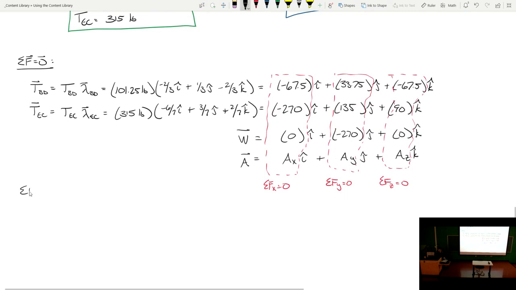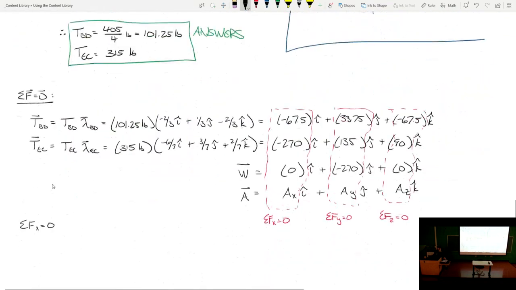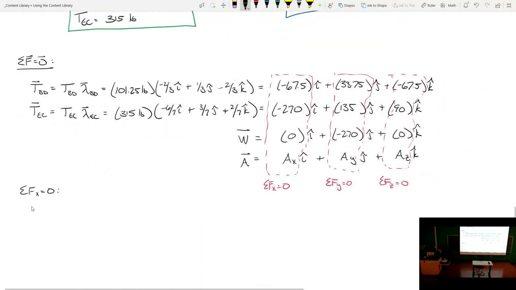Summing forces in the x direction equals 0. So what do we got? We've got negative 67.5 minus 270 plus 0 plus AX has to equal 0. So therefore, just bring everything over to the other side, and AX is 337.5.